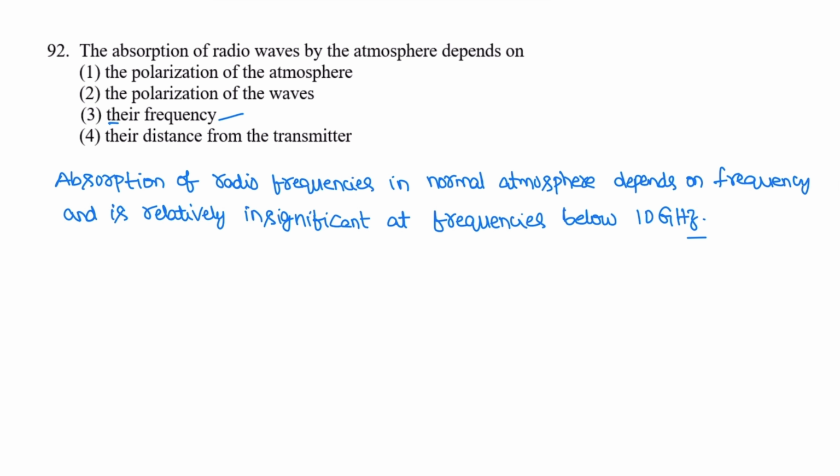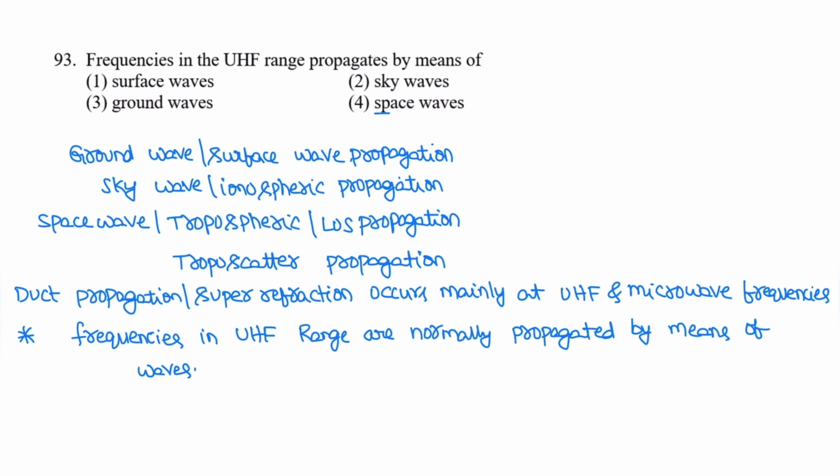Next, wave attenuation due to absorption does not depend on the distance from the radiating source, but rather depends on the total distance that a wave propagates through the atmosphere. Next question. The frequencies in UHF range propagate by means of.